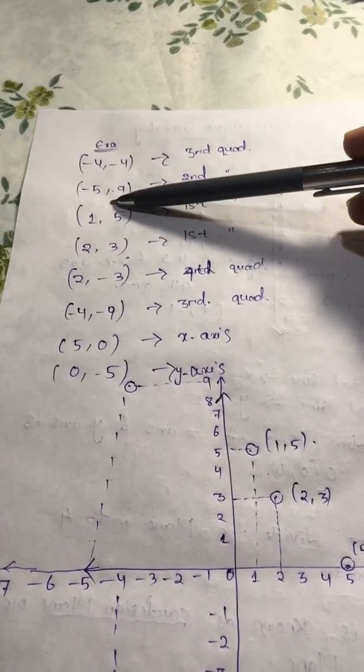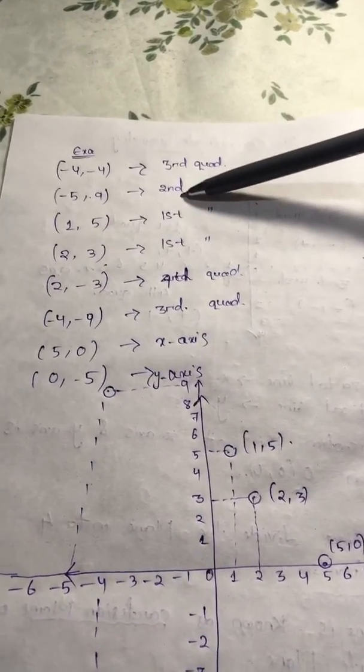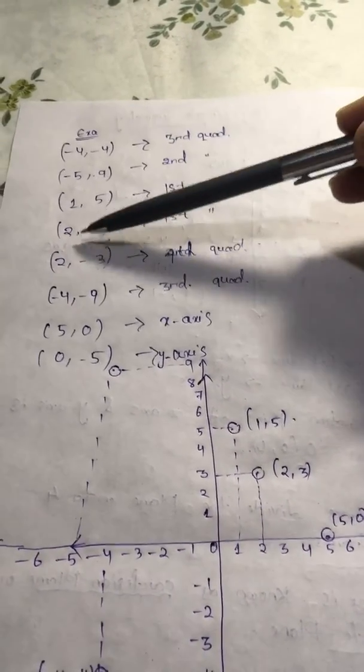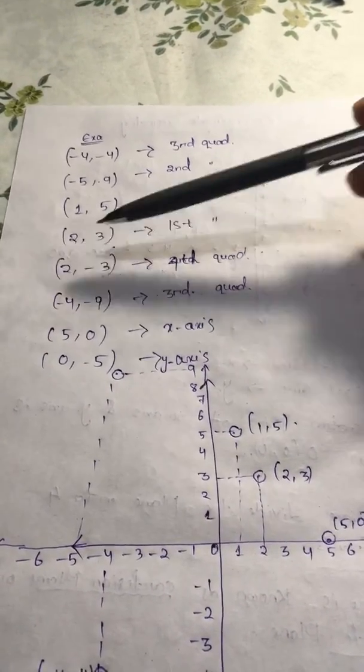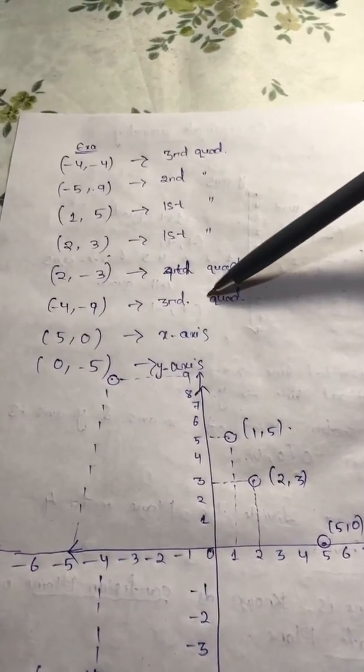Next, (-5, 9): x is negative, y is positive, so it is the second quadrant. Next, (1, 5): both are positive, so it is the first quadrant. Next, (2, 3) is also first quadrant. (2, -3): x is positive, y is negative, so it is the fourth quadrant. (-4, -9) will be third quadrant.